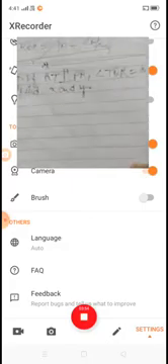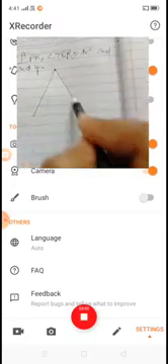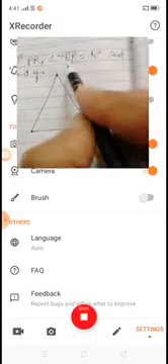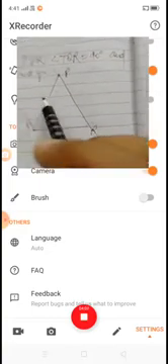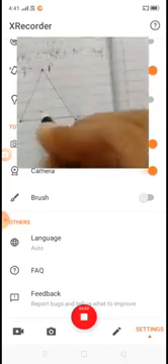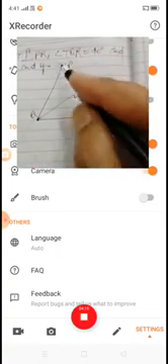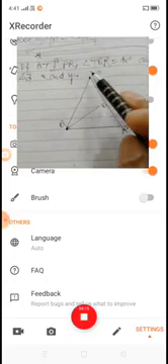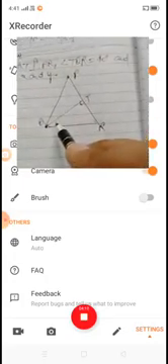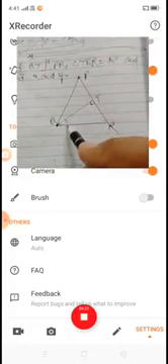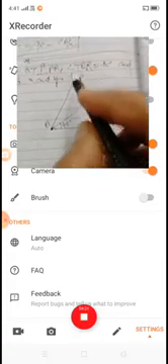Okay, now your figure is a triangle PQR in which QT is perpendicular to PR, and angle TQR is 40 degrees.